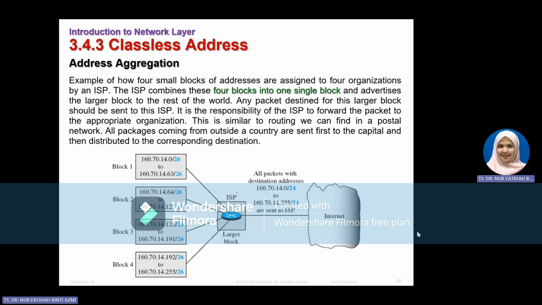Once the packet arrives at the ISP, it is the ISP's job to forward it to the correct smaller organization within its network. So we can say that address aggregation is a key component of CIDR, as it helps to keep the internet's routing system scalable and efficient.